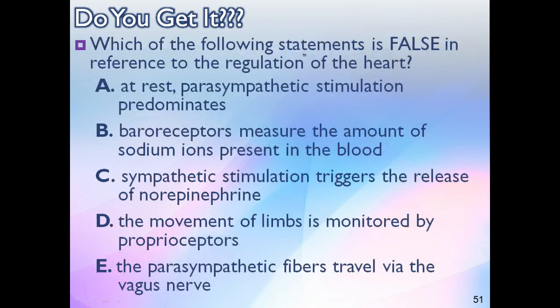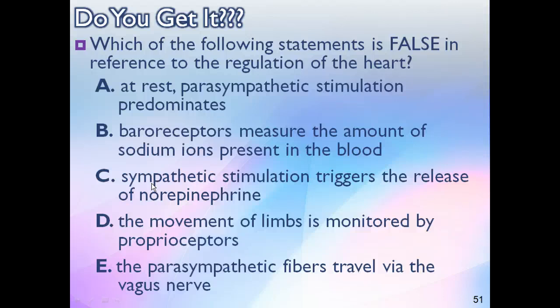And your last question, which of the following statements is false in reference to the regulation of the heart? So take a second, pause your recording, and read through these to see what you come up with. So which of these is a false statement?